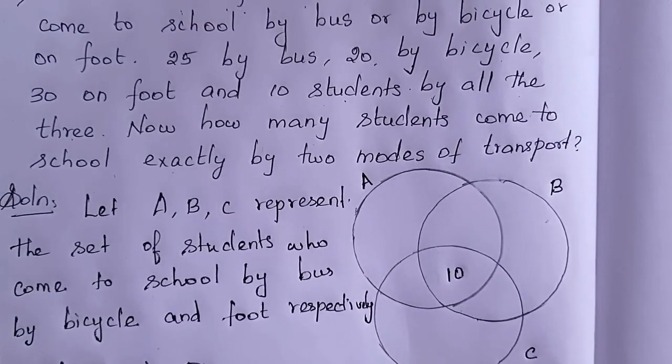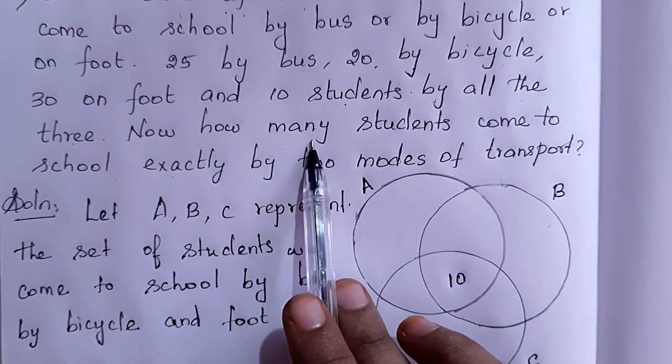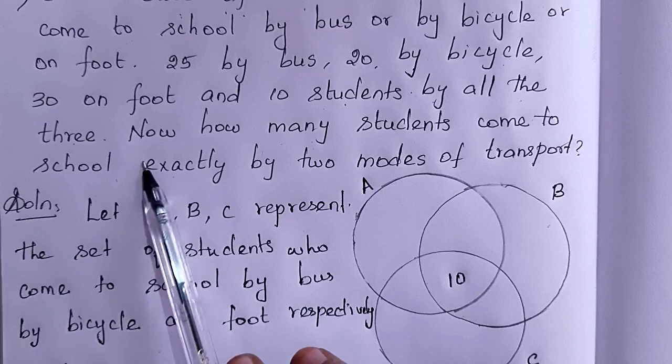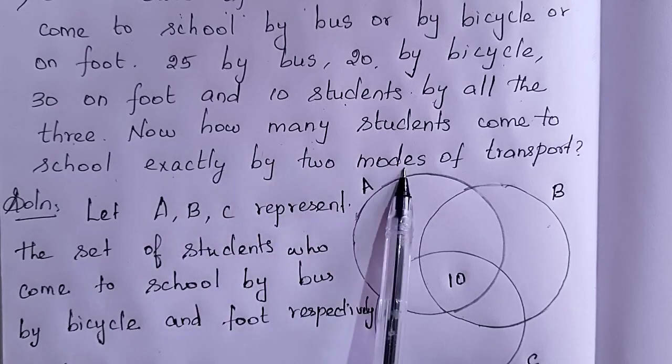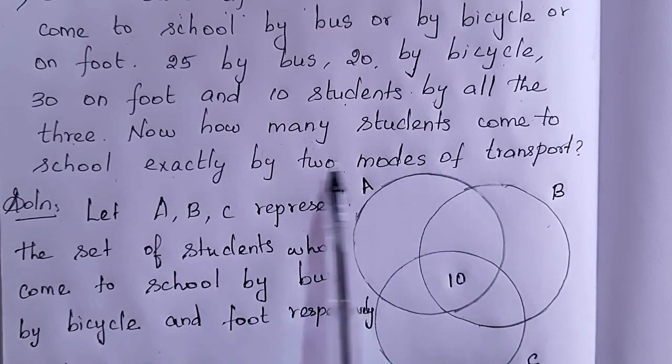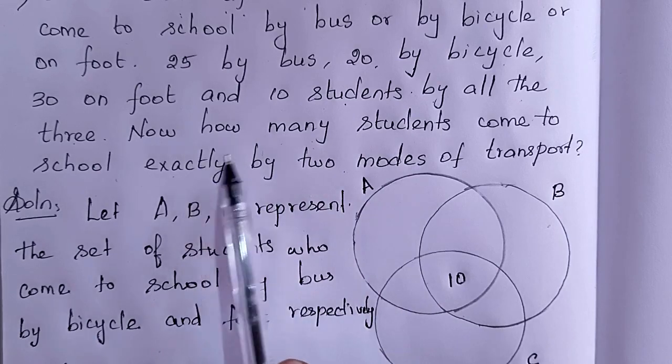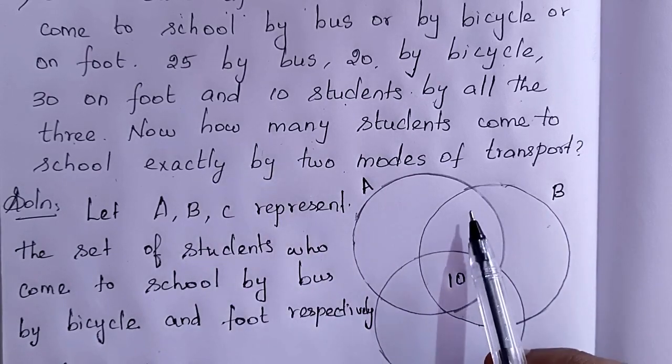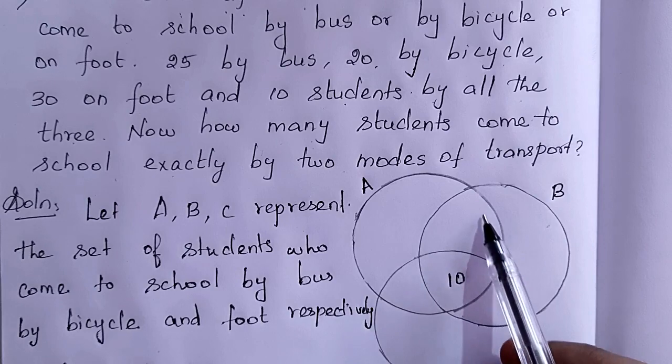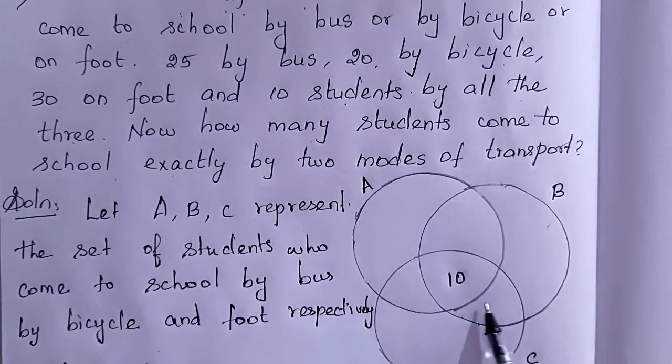So we have to find out how many students come to school exactly by two modes of transport. So exactly two modes means you have to find out this part and this part.